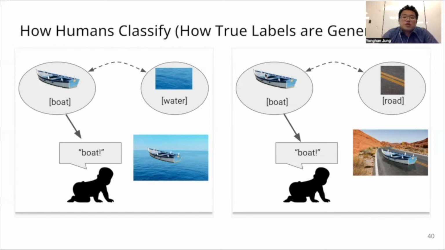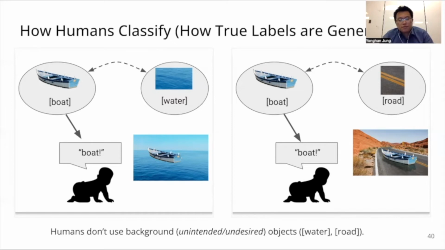And this is true because I have a 3-year-old boy, my son. So I tested this with my son, and my son successfully classified these two objects. The thing I want to say is this: humans don't use background objects for classification.